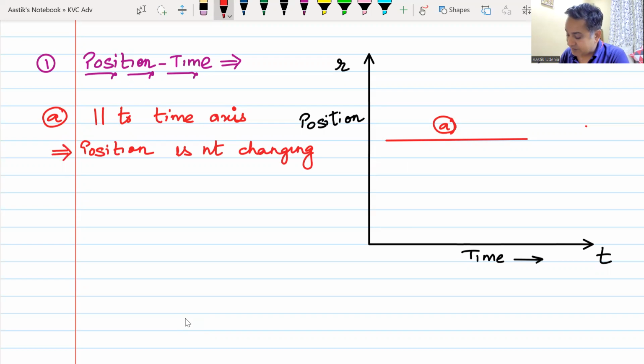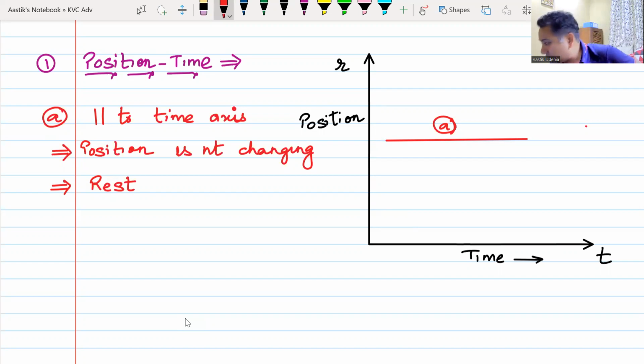If the position of the particle is not changing, this graph represents the particle is at rest. Now, when the particle is at rest, you can say that the velocity of the particle is zero.